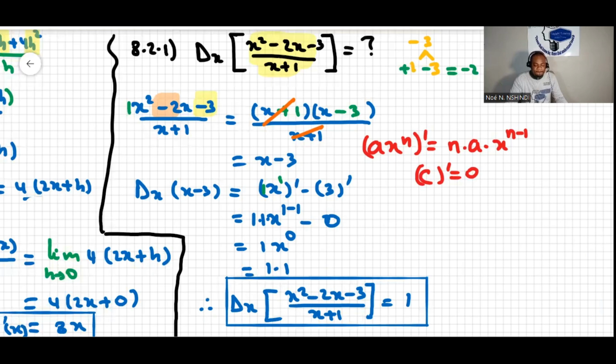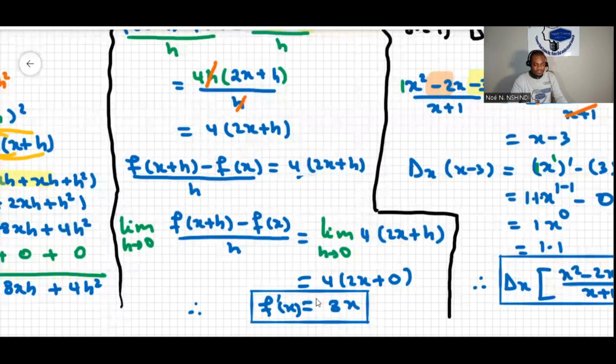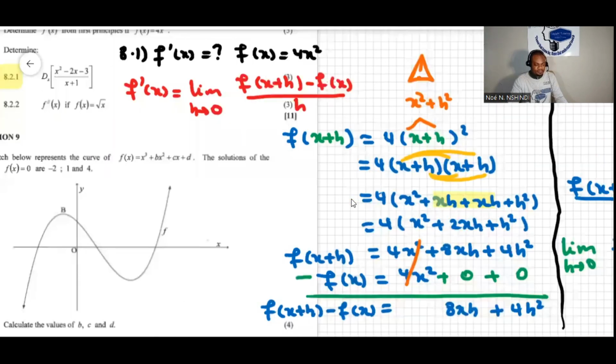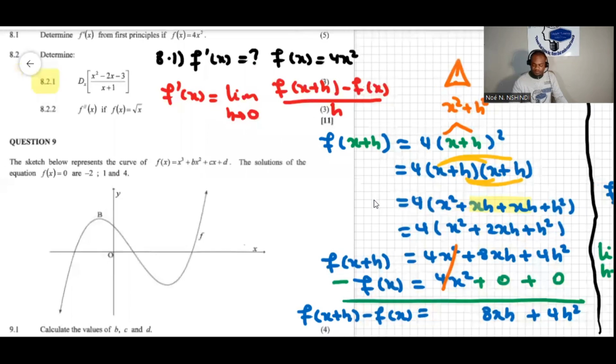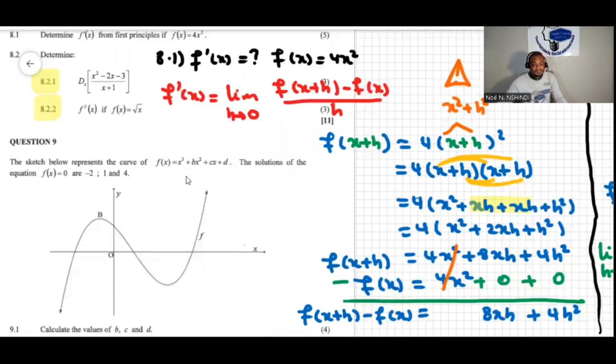Okay. The following question is question 8.2.2. It's over here. 8.2.2, the question says that we need to determine the second derivative of f of x if f of x is equal to the square root of x.